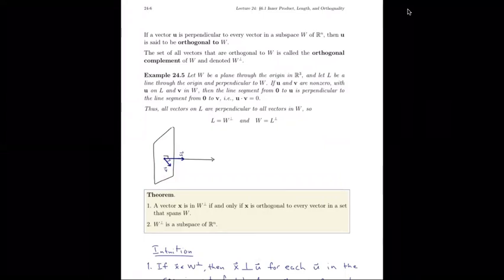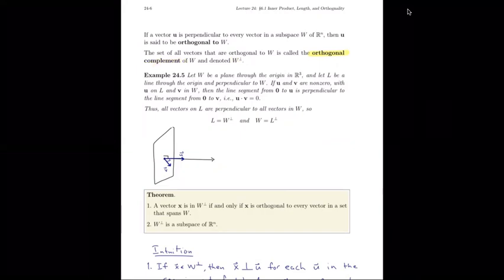Now, any element along this line, which we'll call L, is actually a member of the orthogonal complement of W as well. So if we want to talk about orthogonal complements, we should define that. The set of all vectors that are orthogonal to W is called the orthogonal complement of W, denoted W perp, we might read.